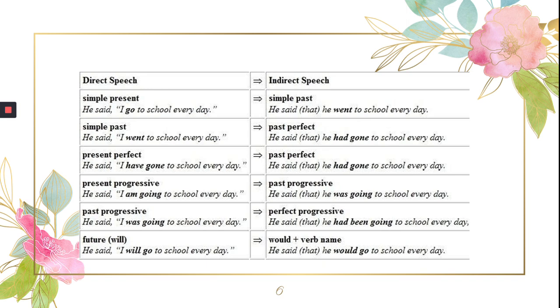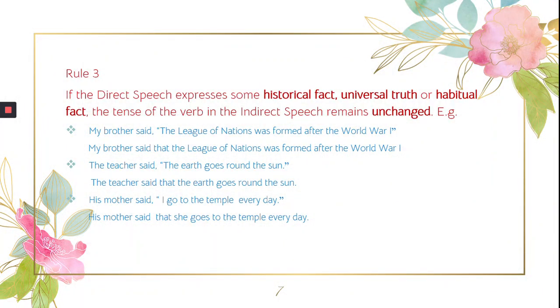If the direct speech expresses some historical fact, universal truth, or habitual fact, the tense of the verb in the indirect speech remains unchanged. For example, my brother said, "The League of Nations was formed after World War I."